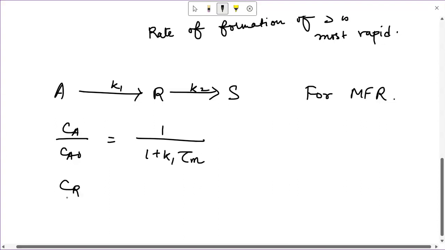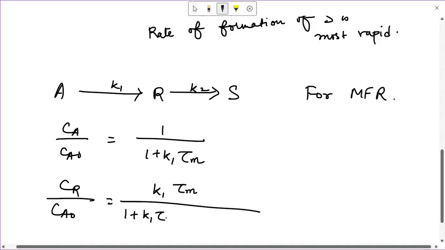Then Cr by Ca naught equals K1 tau m by 1 plus K1 tau m multiplied by 1 plus K2 tau m. Okay.